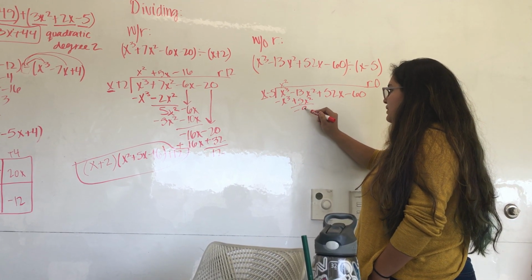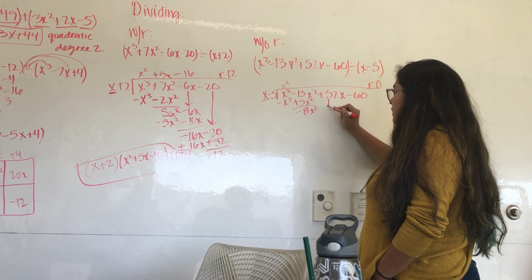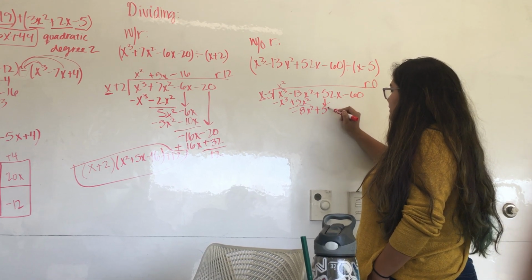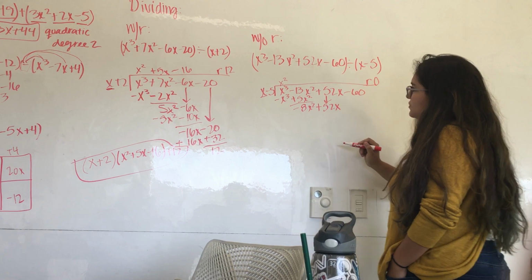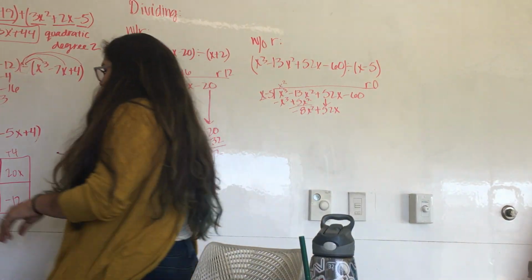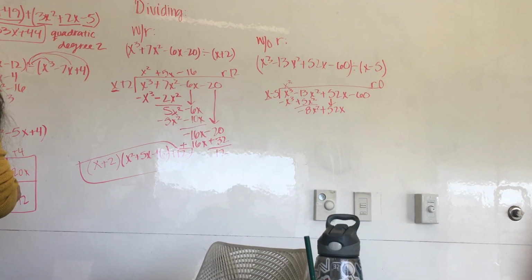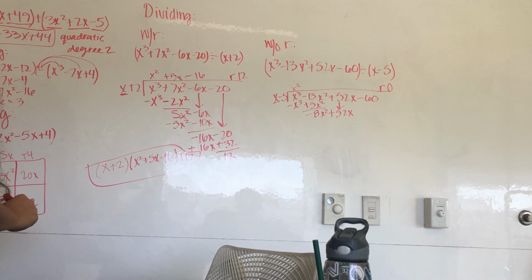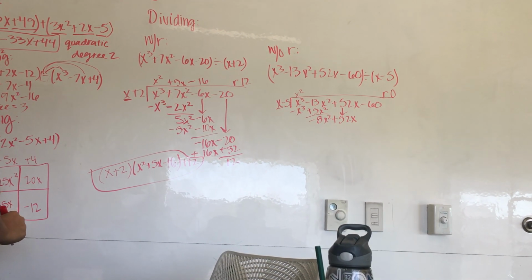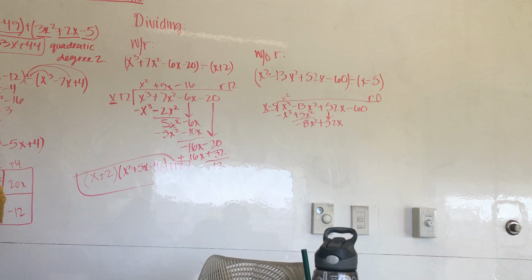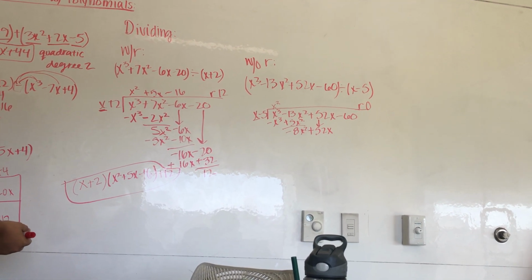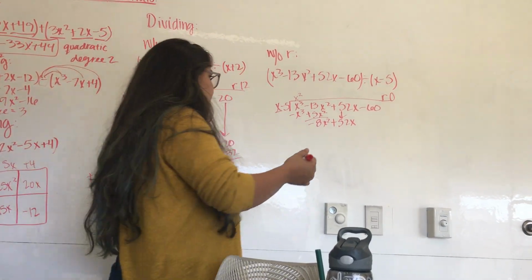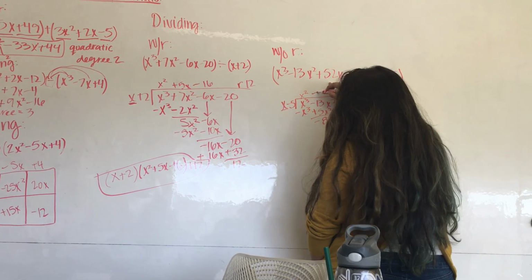We get negative 8x squared plus 52x. And so what can we multiply x minus 5 by to get negative 8x squared? We're going to multiply it by, obviously, negative 8x.